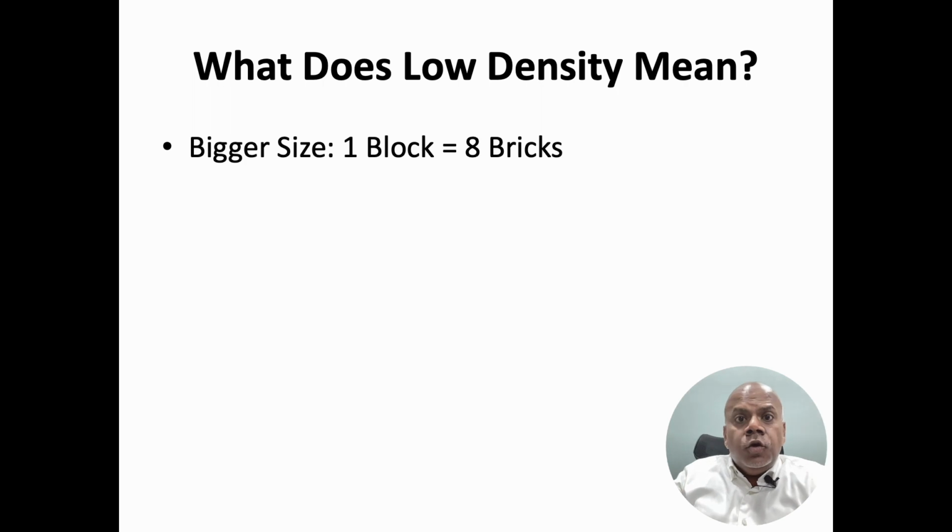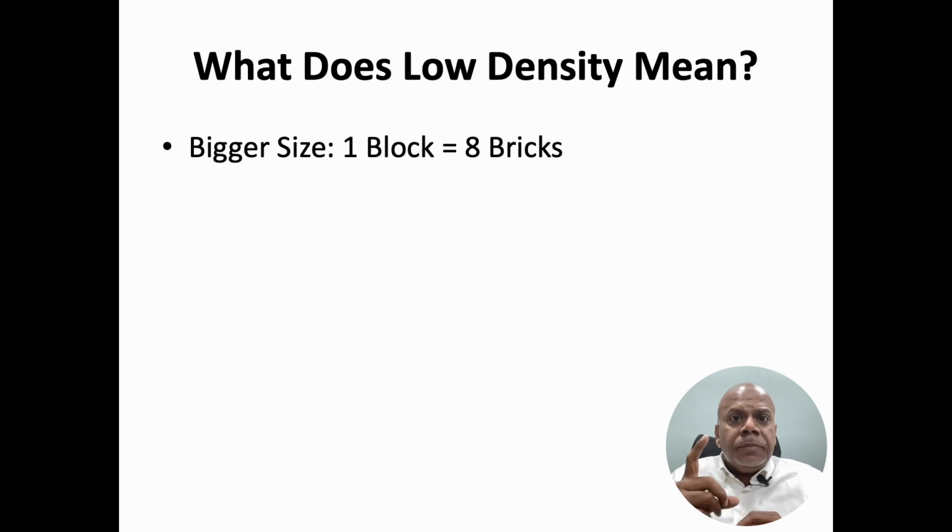So when we say low density, what do we mean? That the size of the block, you can make it really big, because your mason will be able to lift it, place it, and almost 8 bricks are equivalent to 1 block. So instead of putting 8 bricks, you can just put 1 block. So all the joints are also saved, or the mortar which is going to go inside, you save a lot of cement and sand.